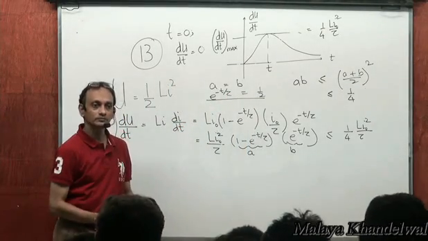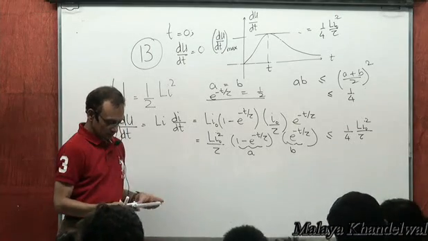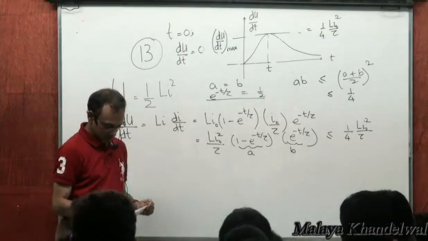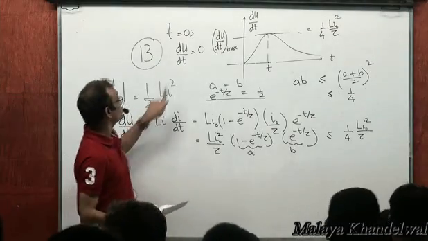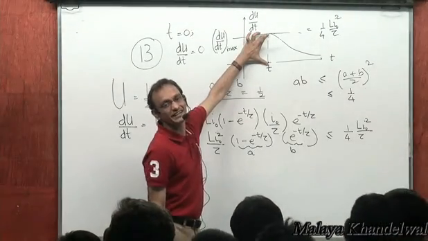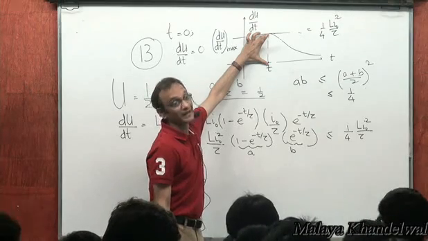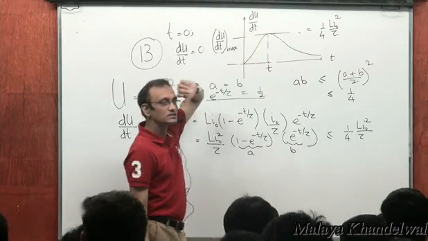Got me? So this is the maximum rate of energy transfer to the inductor. Maximum rate at which energy is being transferred to the inductor. Clear?